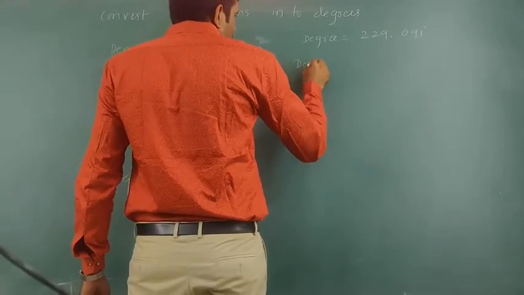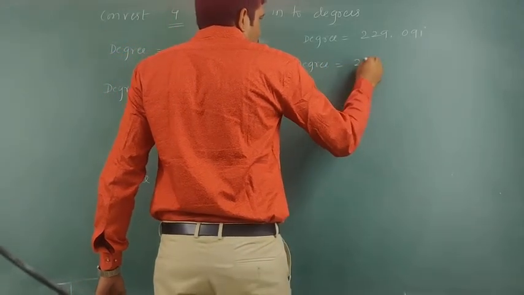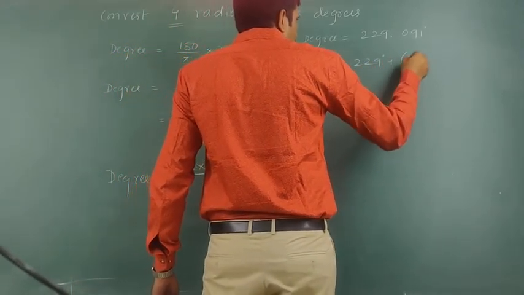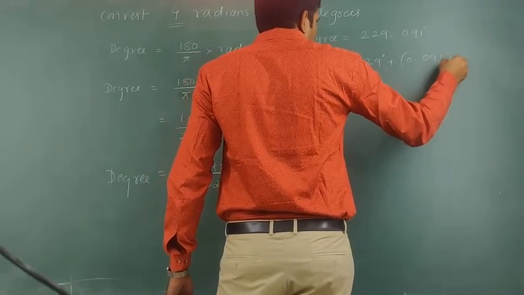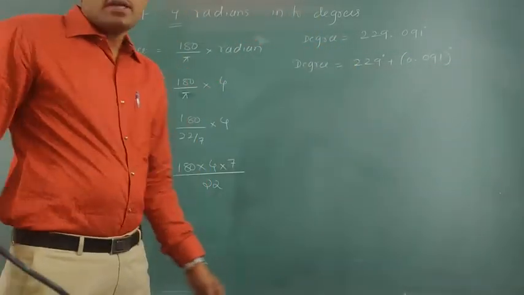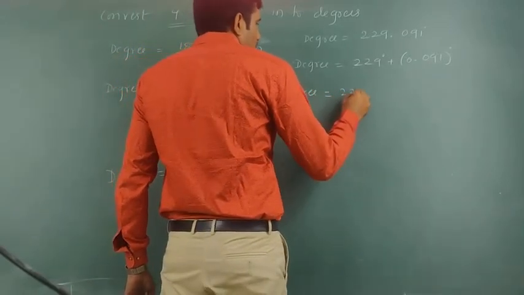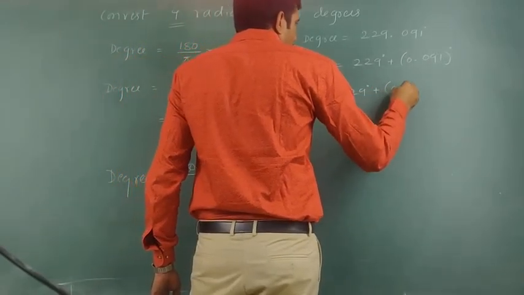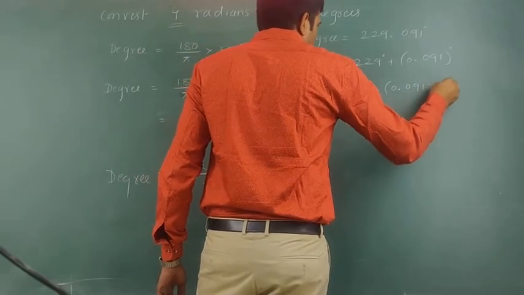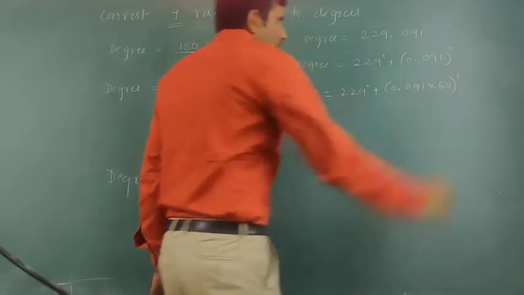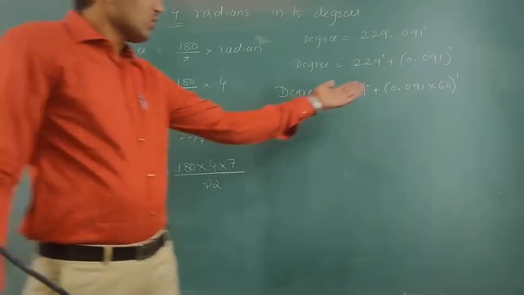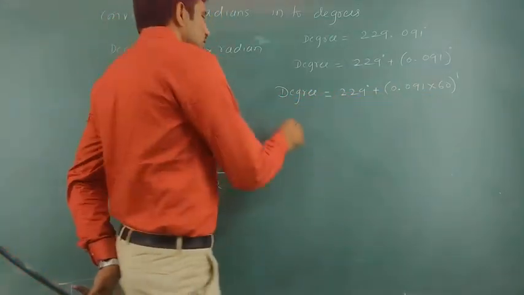So therefore degree is equal to 229 degree plus 0.091 degree. Now 229 degree plus 0.091 into 60. When you multiply with 60, that degree is converted into minutes. So what is the value of 0.091 into 60?